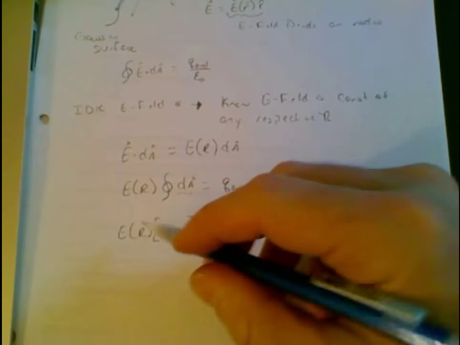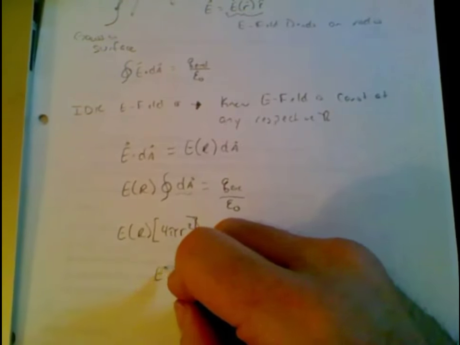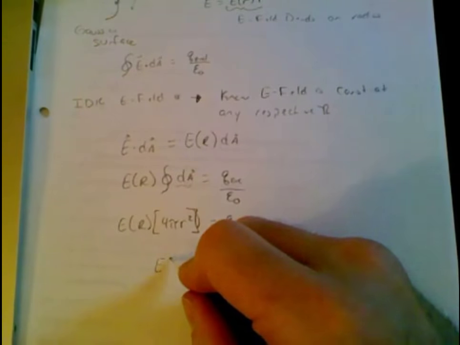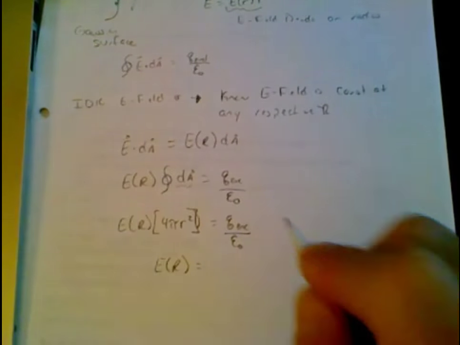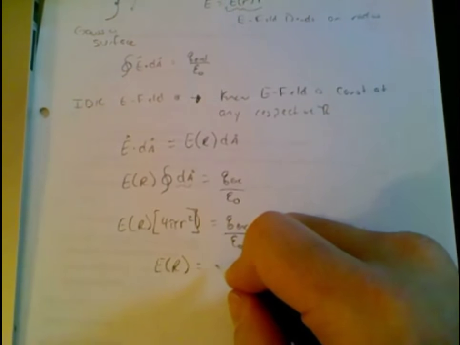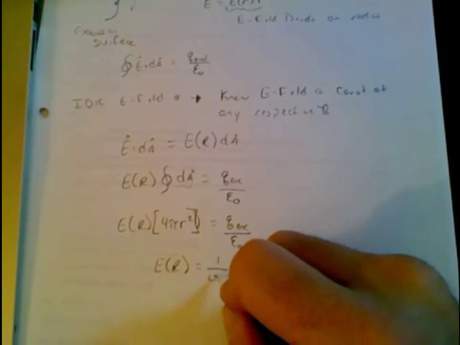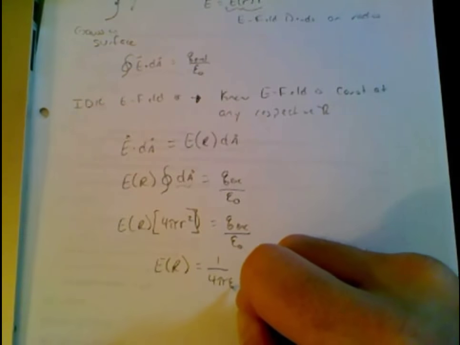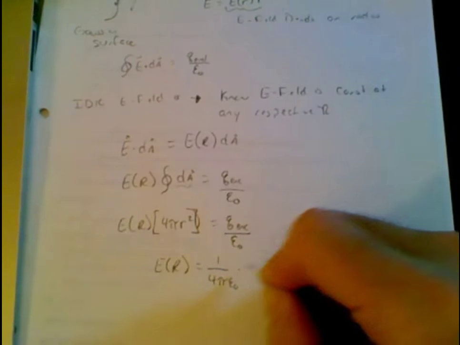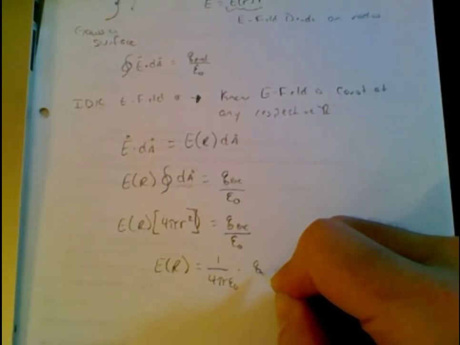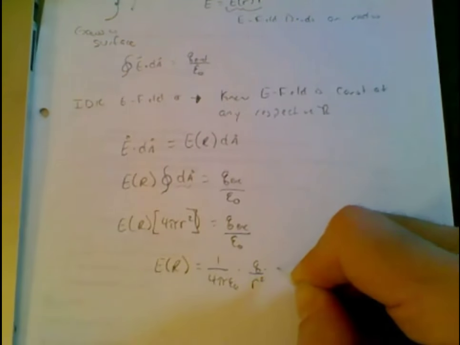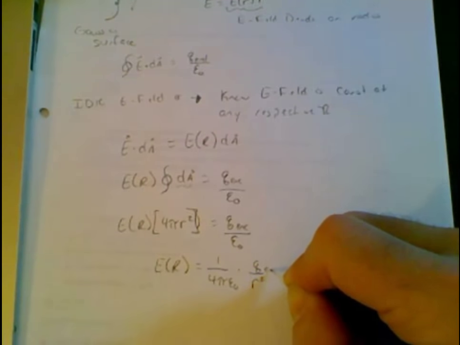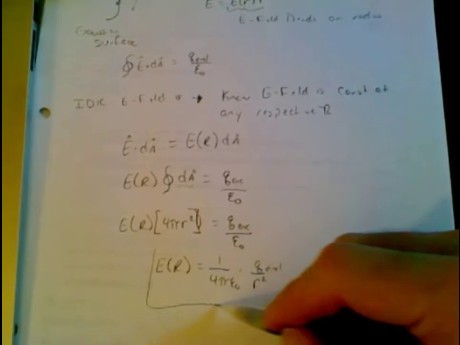Now, if I rearrange that to find my electric field with respect to the radius, we should get something that looks really familiar: 1 over 4 pi epsilon naught times Q over r squared, where this Q is my Q enclosed.